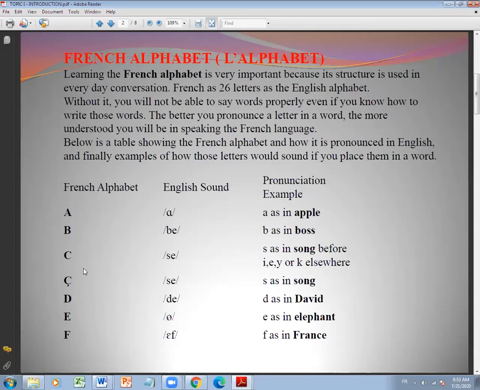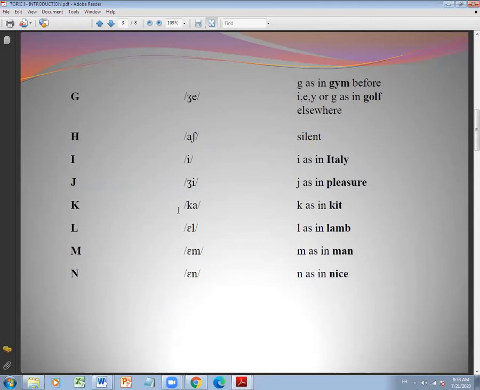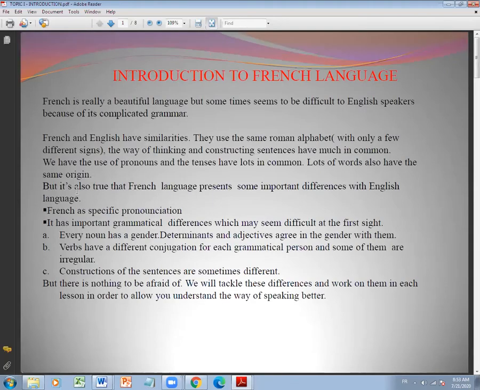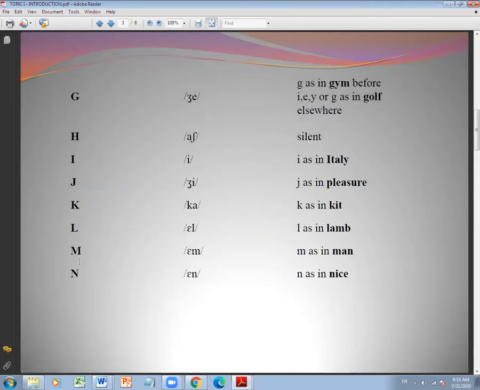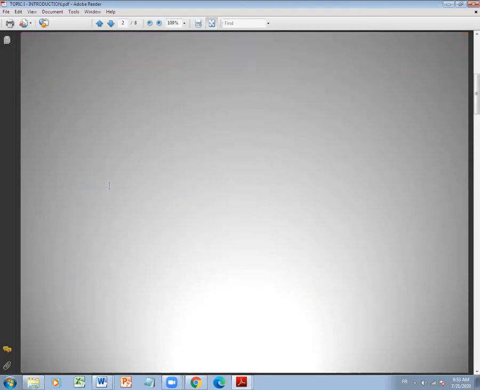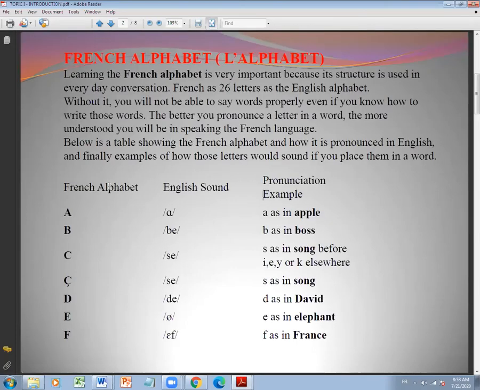For me, I will dwell much on the French one. Maybe the English will help you, I really don't know, but personally my interest is just on the French letter. As I said, the language you speak can help you to learn another language.